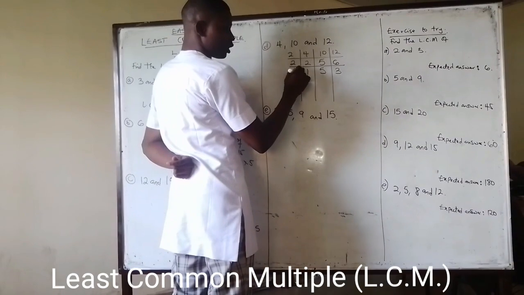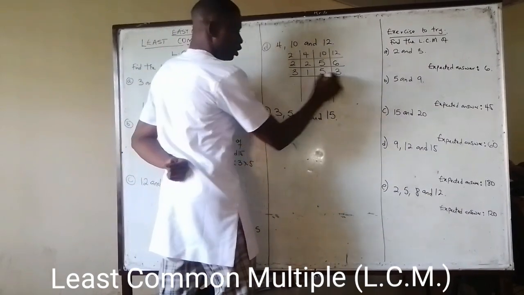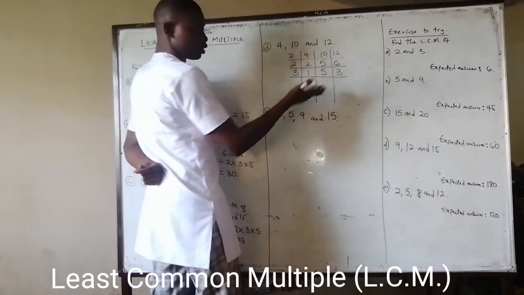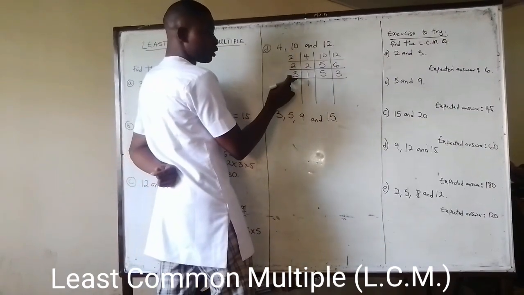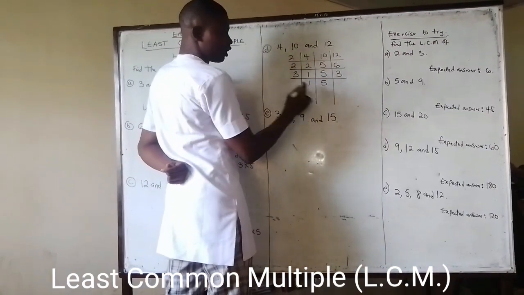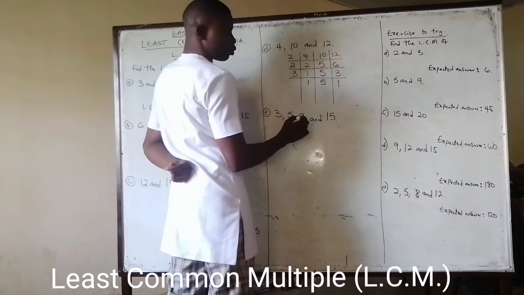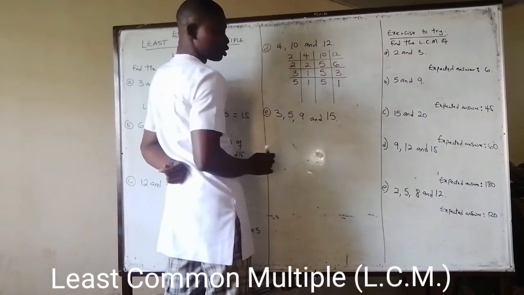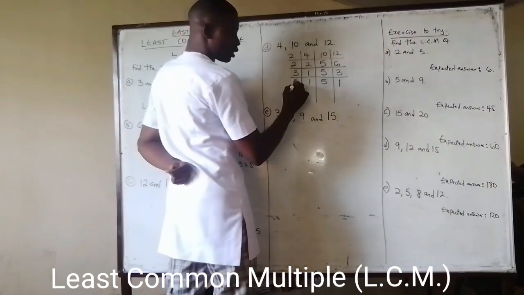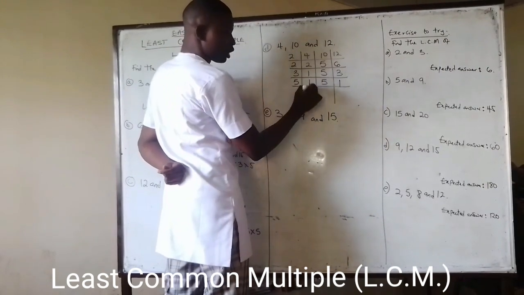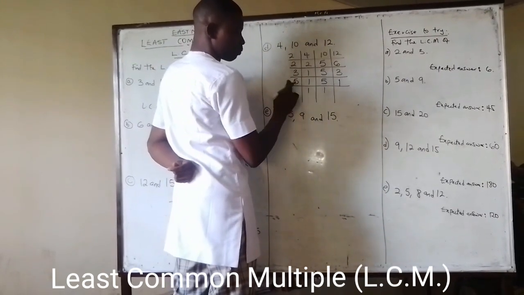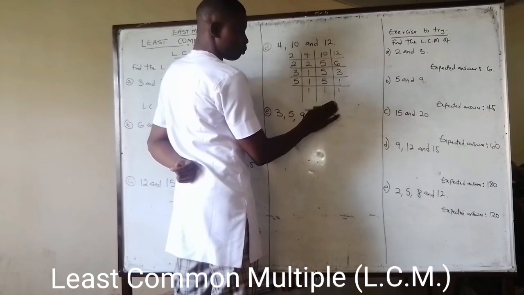What else can go here? We use 3. 3 in 1, we bring down 1 because we've already gotten our answer there. 3 in 5 cannot go, so we bring down 5. 3 in 3 will give us 1. The last is this. We use 5 so that we can get 1 all-rounder. So we have 1 here. 5 in 5 will give us 1. 5 in 1 will bring down 1.